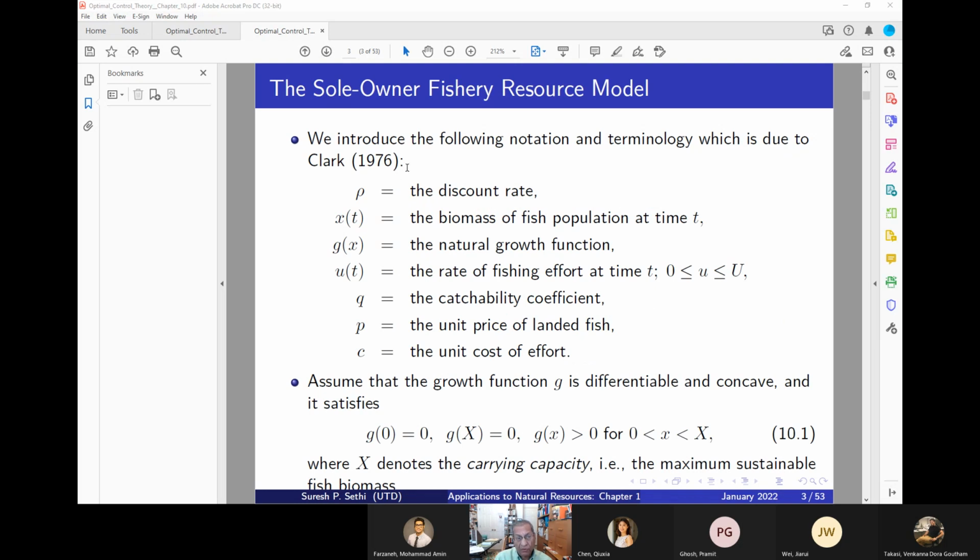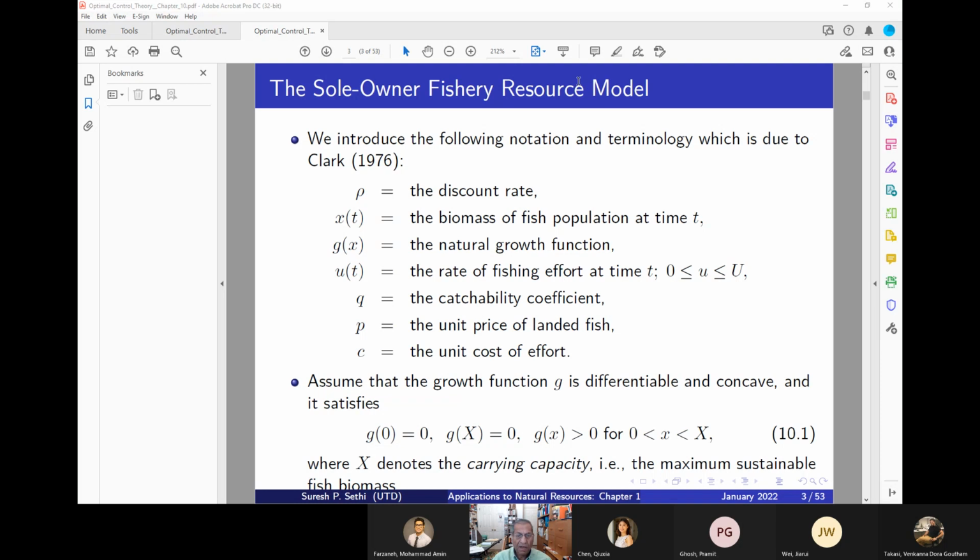The model is due to Colin Clark. As I mentioned to you, maybe I did or maybe I didn't, but I think I did, after I did the Vidale-Wolf advertising model using Green's theorem, there was a substantial amount of literature that followed my application of Green's theorem to management science problems.